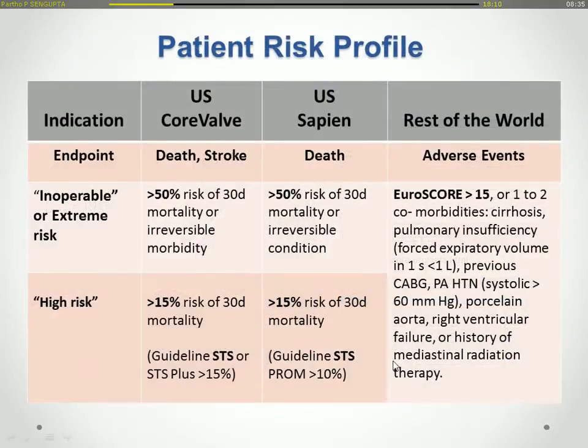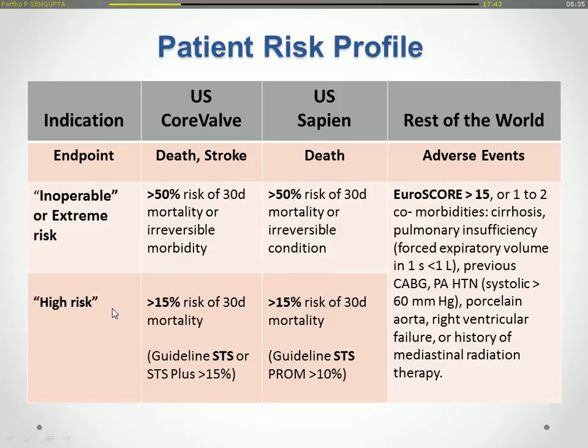And what are these categories? When we talk about an inoperable patient, we are saying that they have a 50% or more risk of mortality or an irreversible clinical damage, morbidity like a stroke. And this was the criteria that has been utilized both in the US Sapien trial and is currently used also in the US CoreValve trial.